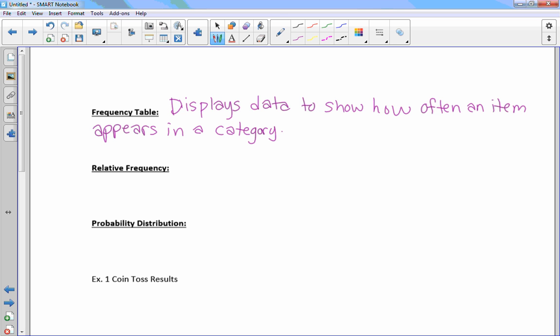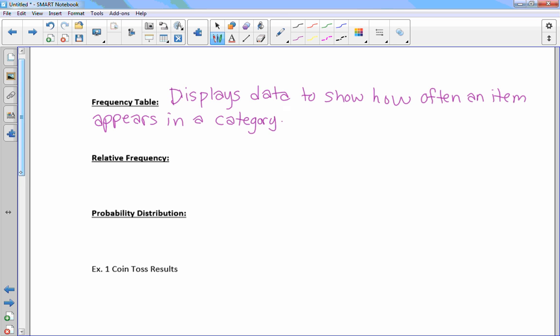The relative frequency is a formula. It's the frequency of each category divided by the total frequency. Okay?